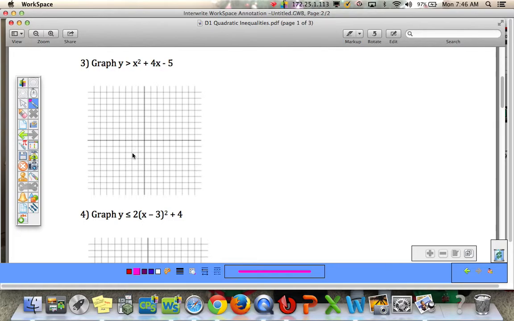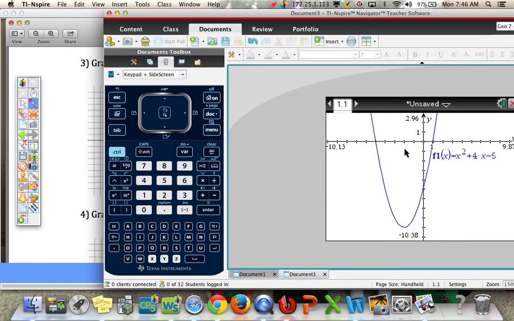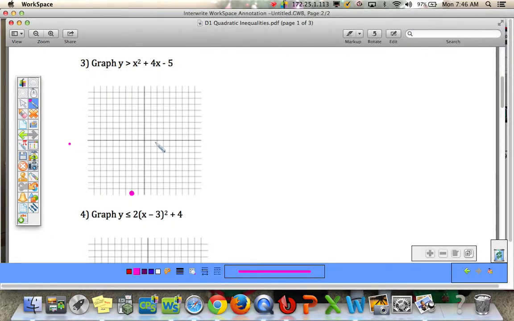All right, so here is our vertex, and if we want to check the zeros of the graph, it looks like the zeros are 1 and negative 5. All right, this will be a dashed line.